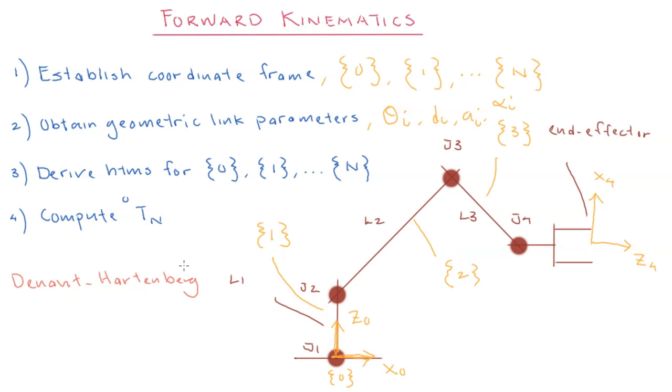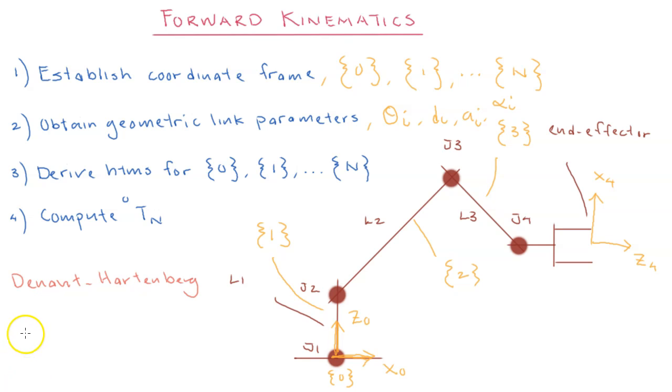And the third step will be to derive the homogeneous transformation matrices for all these coordinate frames using the approaches that we have learned so far. And finally, the fourth step will be to compute the final homogeneous transformation matrix, which simply involves multiplying the previously obtained homogeneous transformation matrices.